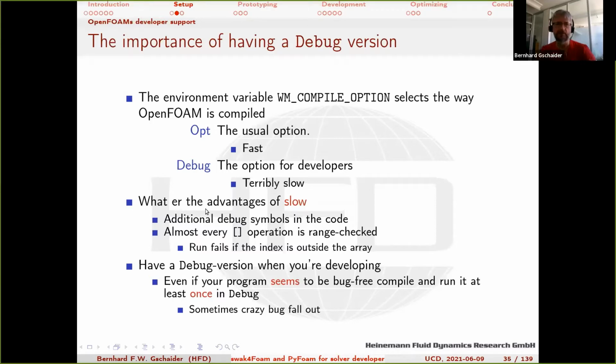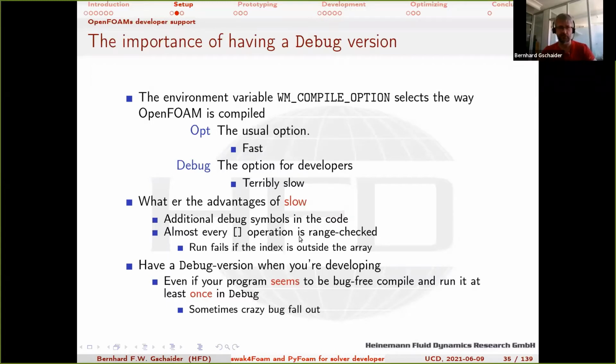But why is it slow, and what are the advantages? There are additional debug symbols in the code. So if you have stack traces, you can use a debugger on your solver. And with stack traces, you also get line numbers and source files where the problem occurred. And the most important thing is that almost every bracket operation on fields and lists is range checked.